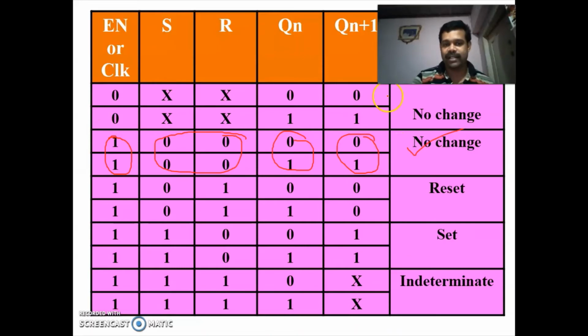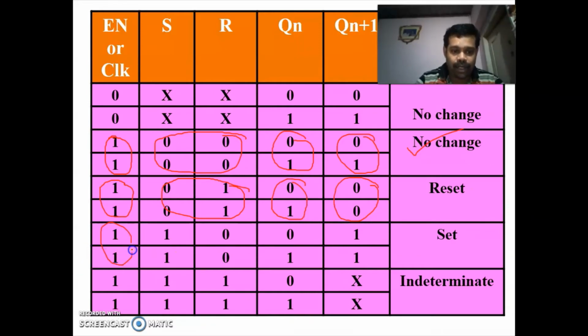Similarly, when your clock is 0, no change. Then when clock is 1 and S is 0 and R is 1, whatever you are having in the present state, next state will be 0. It is called reset. Similarly, when clock is 1 and S is 1 and R is 0, whatever you are having in the present state, next state will be 1.